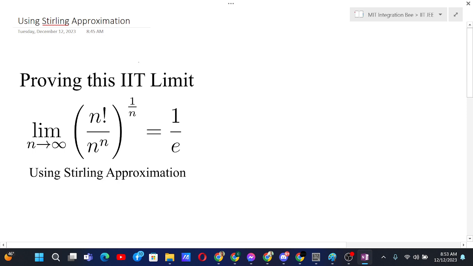Now what Stirling approximation says is, when we have limit n tends to infinity, n factorial is actually equal to root under 2 pi n times n by e to the power n.